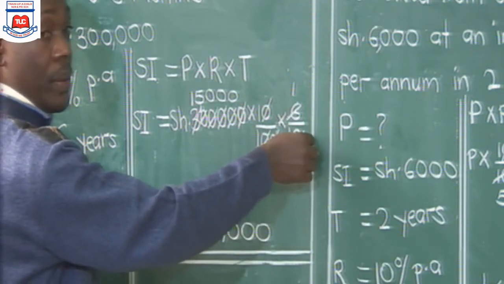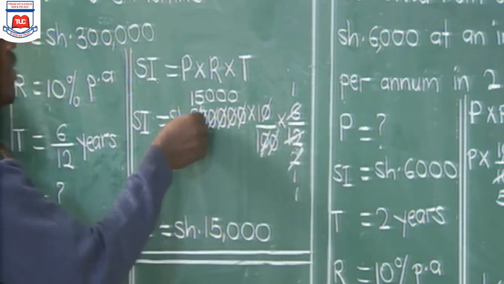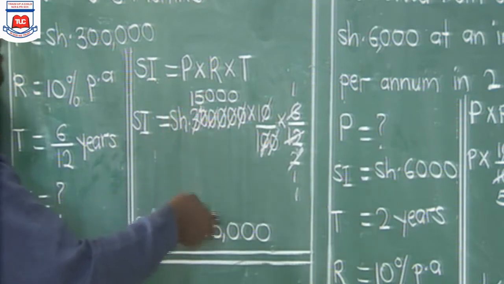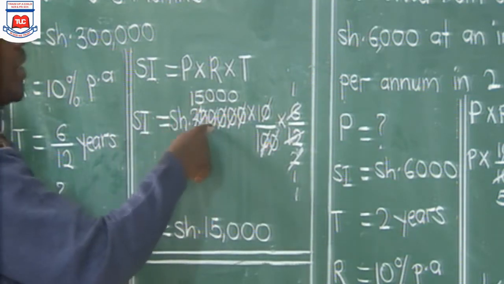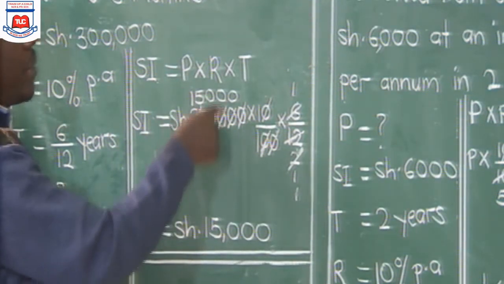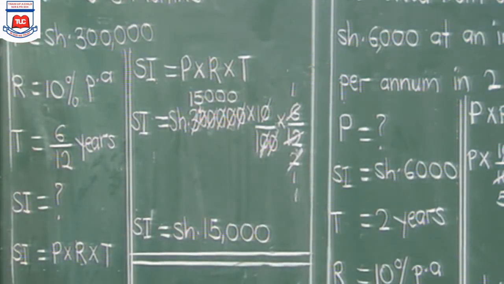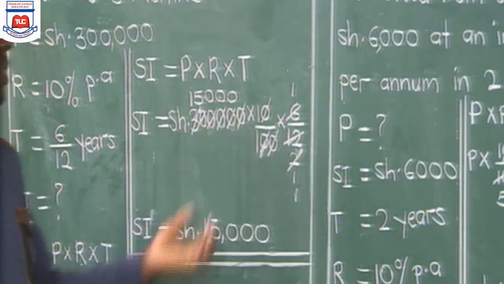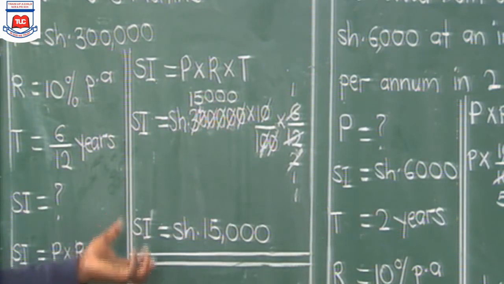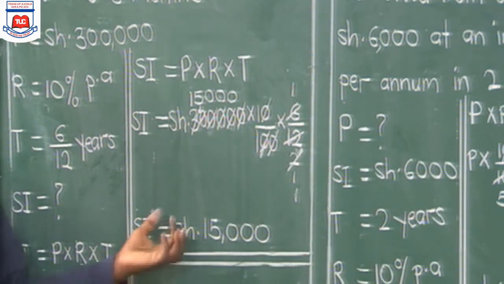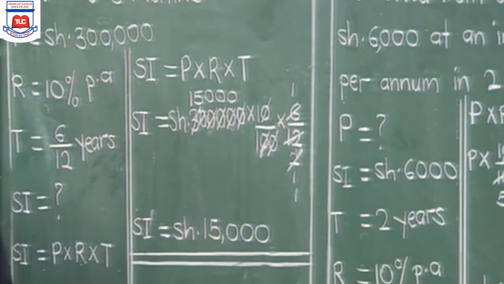Now 2 by 2 once, 10 divided by 2, you get a 5. 0 divided by 2 is a 0, another 0 divided by 2 is a 0. So we are only remaining with 15,000 shillings, which is done. So simple interest equals 15,000 shillings.